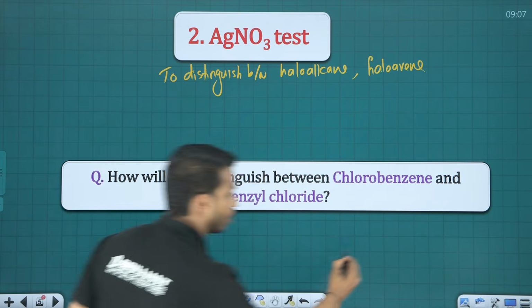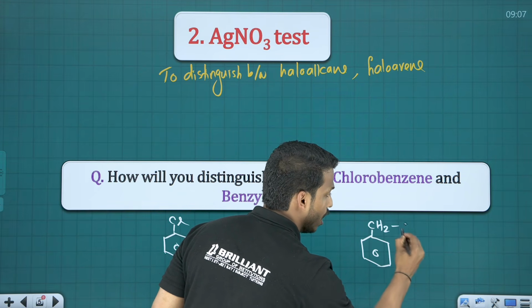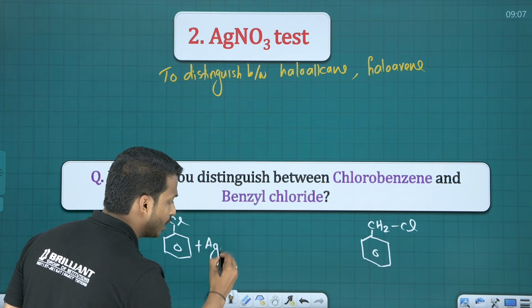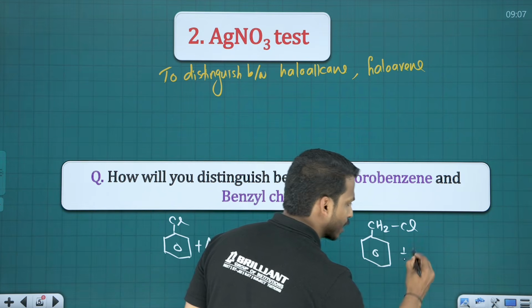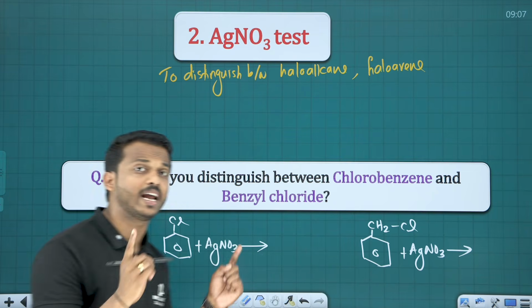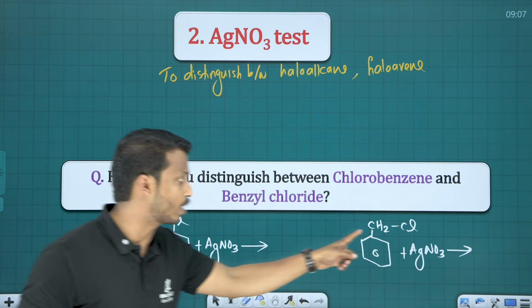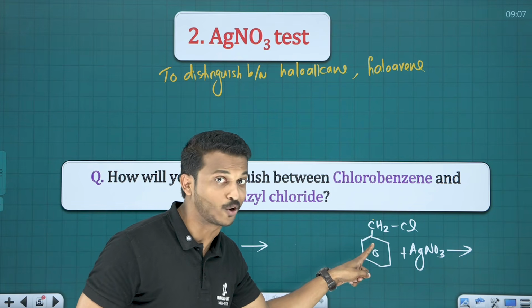What is benzyl chloride? Benzene with CH2Cl is called benzyl chloride. When we react with AgNO3, silver nitrate, just a simple reaction to understand, I'm writing directly. So silver nitrate is treated with a haloarene and a haloalkane. This is a haloalkane, because the halogen is connected to an sp3 carbon, not on the benzene.